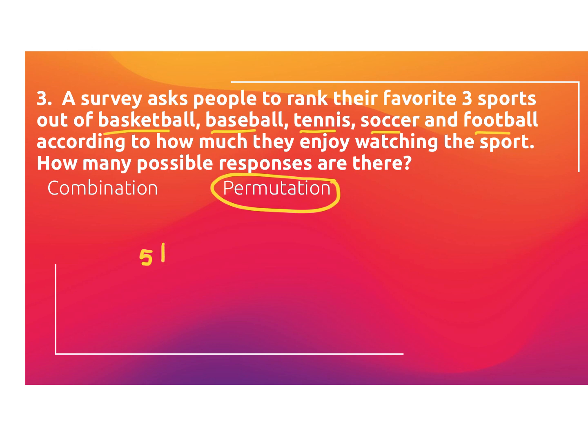That's going to be a permutation because I'm ranking them and choosing my 3 favorites. So I'm just going to go to my calculator. I'm going to do that 5, hit my nPr button, and then choose 3. And I get 60 ways.